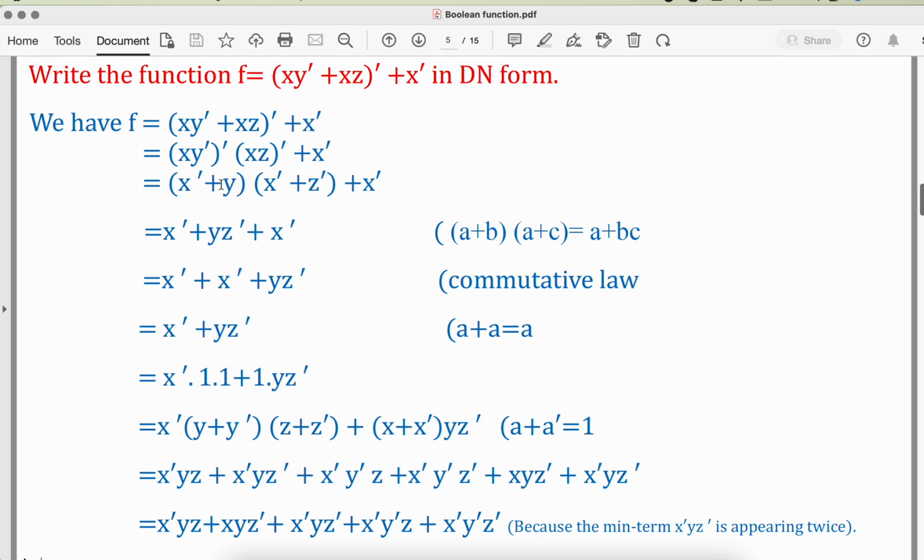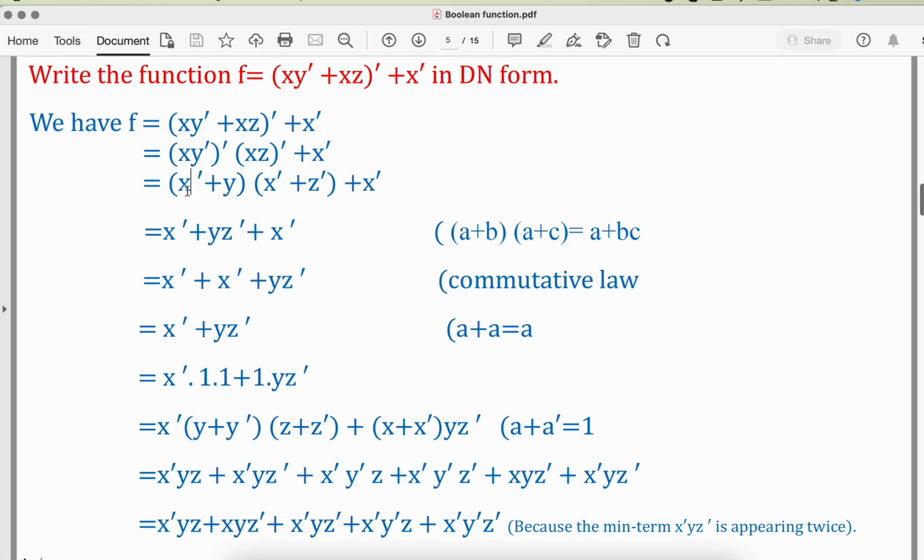The complement of y complement will be y, so this is x complement plus y. And for this, the complement of x is x dash, the complement of z is z dash, and we replace multiplication by addition. And this is plus x dash.